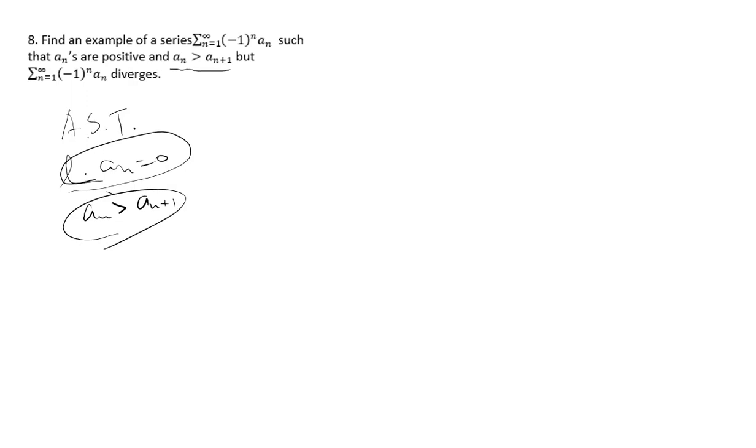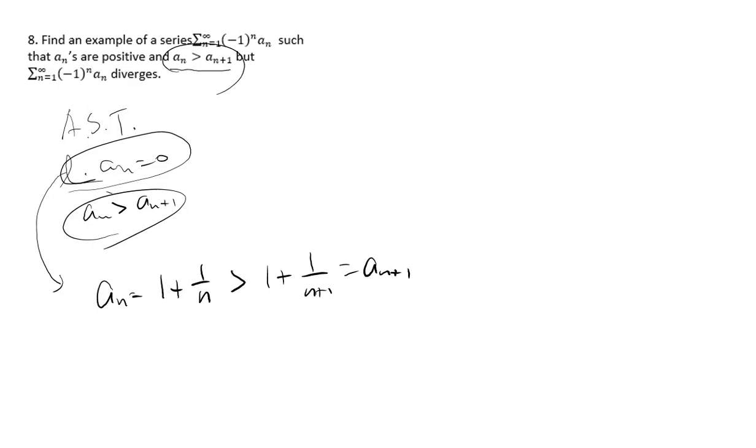How do you make this not work? Well, think about something that goes to 1, for example. So think about a_n equal to, say, 1 plus 1 over n. Now this definitely is bigger than 1 plus 1 over (n+1). So it does satisfy this condition. Check.